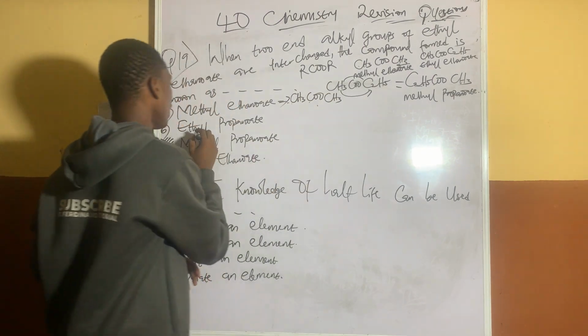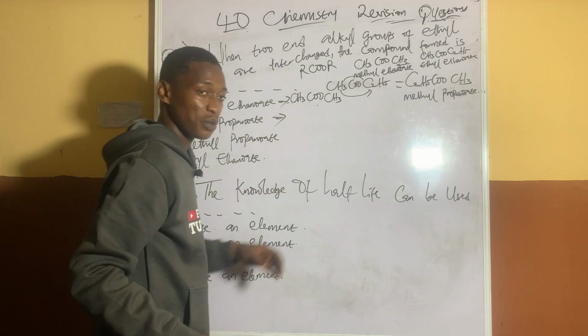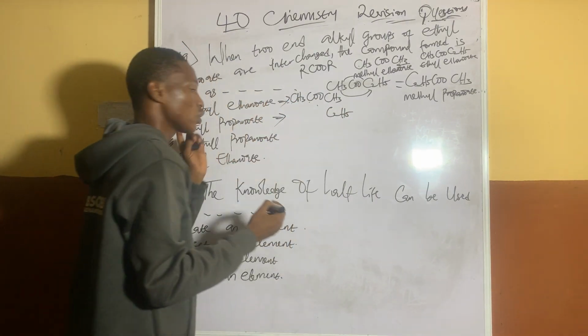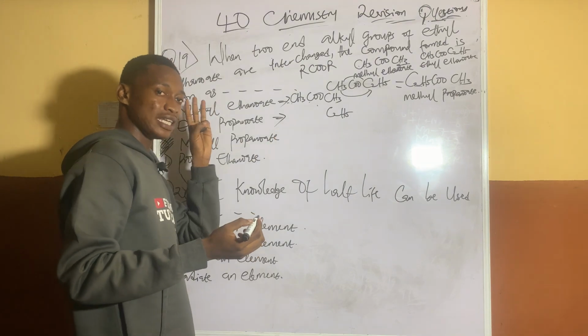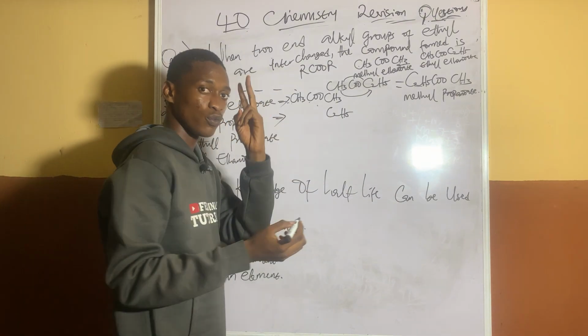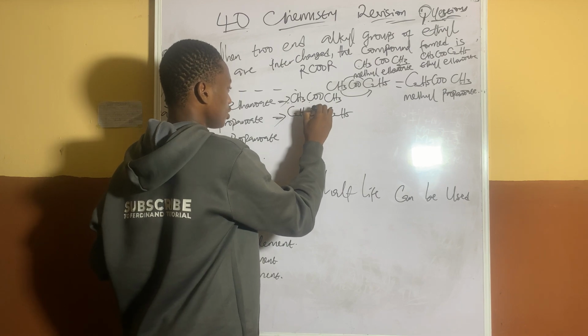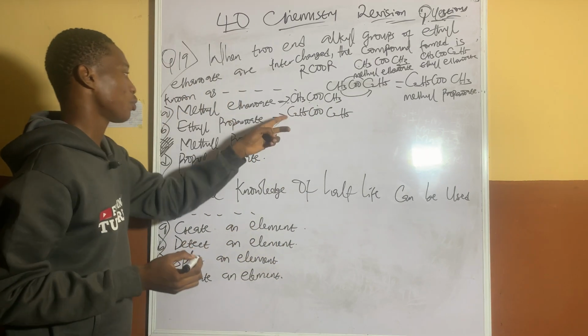Are we there now? If I have ethyl propanoate, you start from the back. I'm going to have C2H5. Propanoate simply means I'm going to have a total of 3 carbons at the end. So first you form methyl and then 1 carbon, you also have C2H5COO. This is ethyl propanoate.